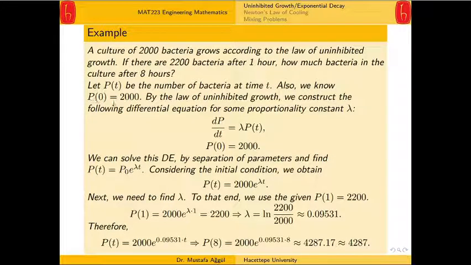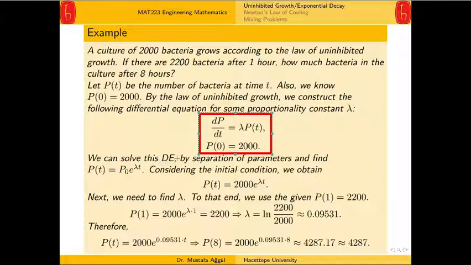Also, we know P(0) is equal to 2000 because there are 2000 bacteria initially. By the law of uninhibited growth, we construct the following differential equation for some proportionality constant lambda: dP/dt is equal to lambda times P(t), and P(0) equals 2000.